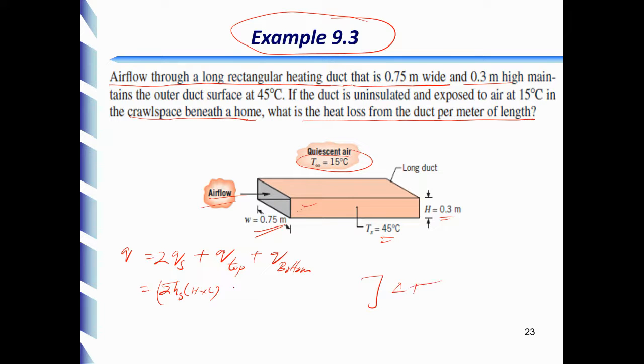So put the delta T here, outside, plus Q top, h_top, so L into W, plus h_bottom, L into W. So Q by L you can calculate as 2 h_s plus h_t W plus h_b W, times delta T.